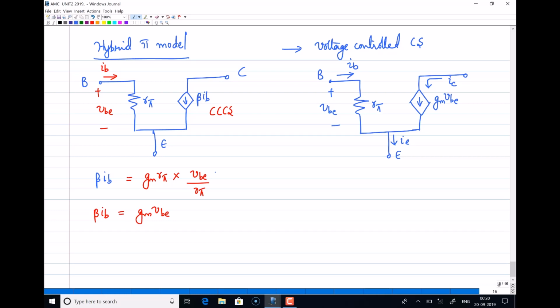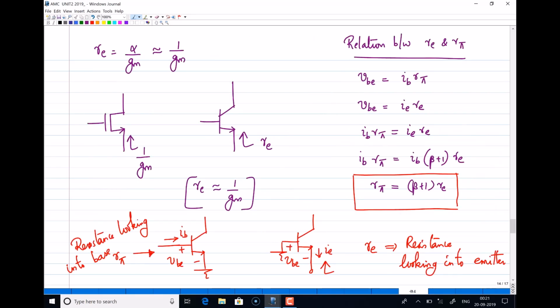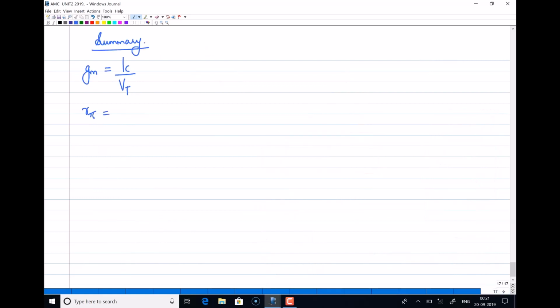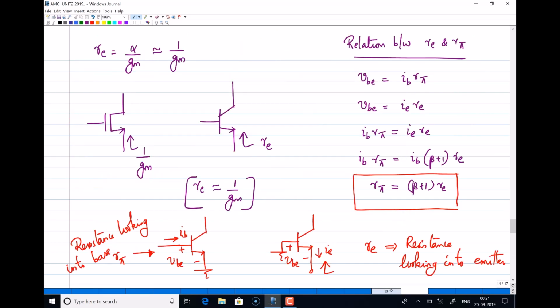To summarize all these things, we have written certain small signal parameters. One is Gm, which is IC by Vt. Then Rpi, the resistance looking into the base, is Vt by IB. Then the resistance looking into the emitter is Vt by IE.